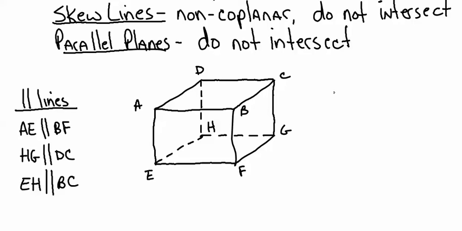Alright, so now we're going to do skew lines. And for some of you, this is a little bit harder to picture. AE and what other line are skew? They don't intersect, and they're not in the same plane.